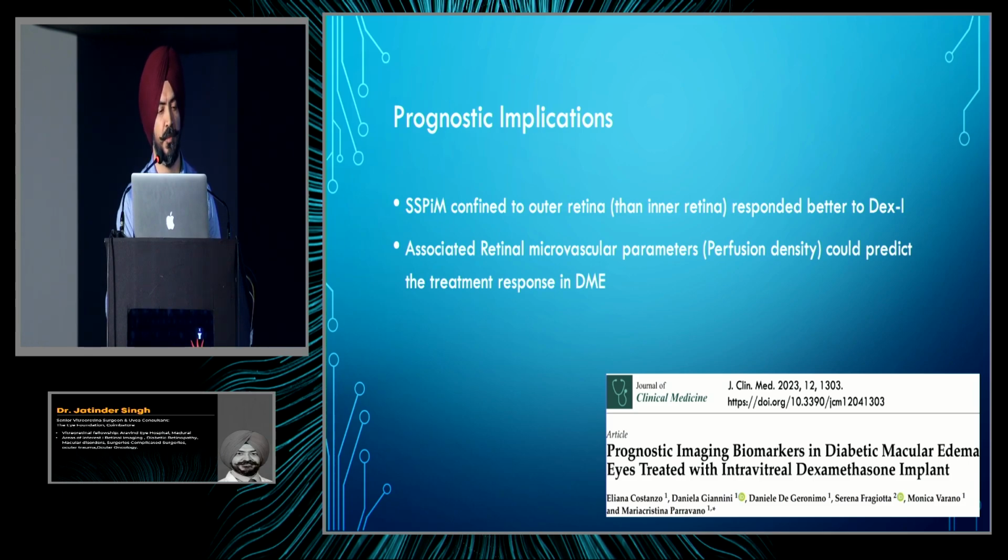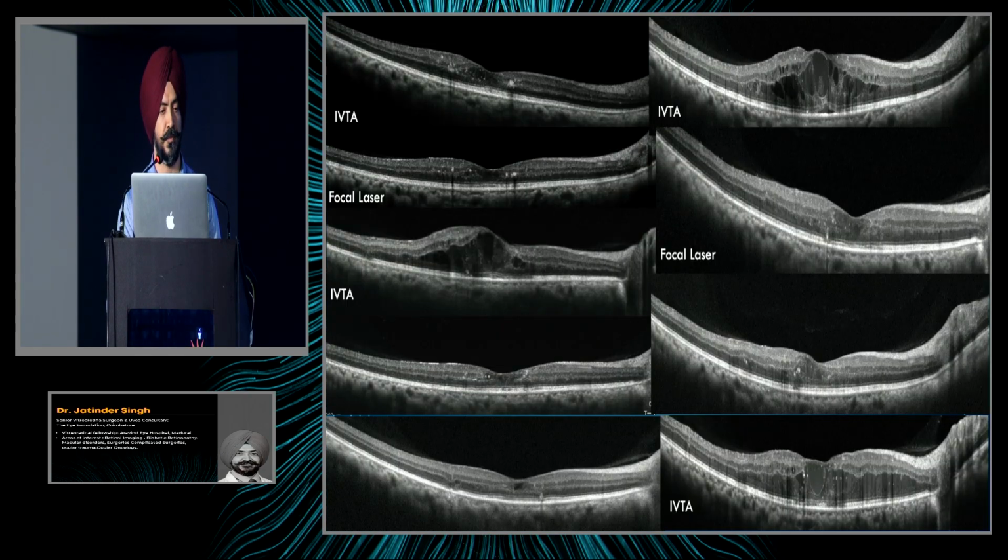So the prognostic implications: SPiM confined to the outer retina responded better to dexamethasone. The previous paper was with anti-VEGF. So when associated with SPiM, steroid response was better, but there is no clear-cut evidence that steroids have a better response as compared to anti-VEGF in head-to-head trials.